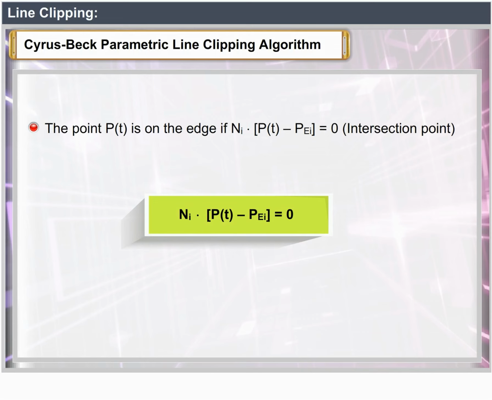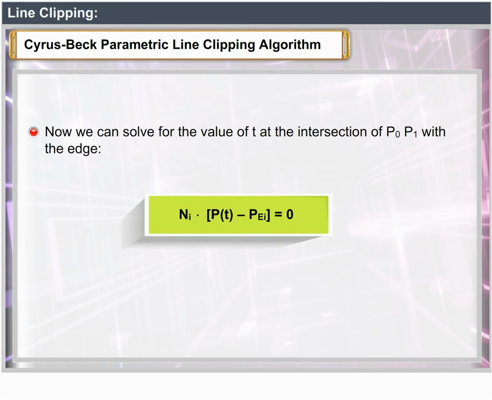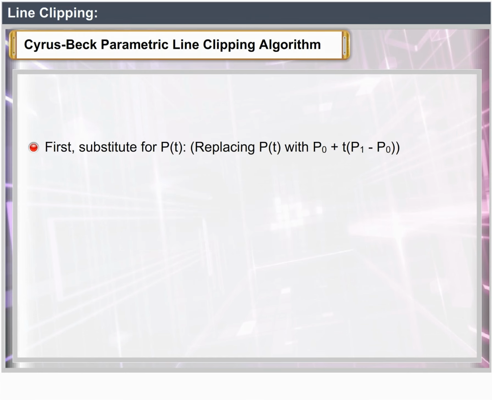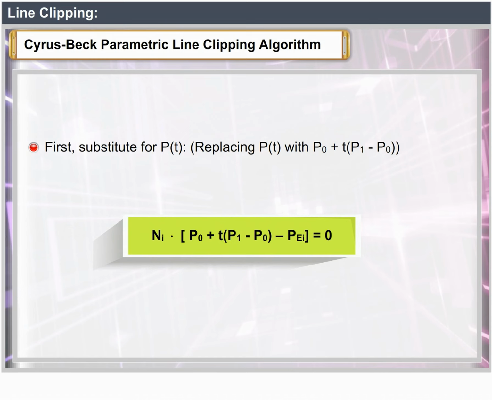Now we can solve for the value of t at the intersection of P0 P1 with the edge: Ni · (P(t) − PEi) equals 0. First substitute for P(t), replacing it with P0 plus t times (P1 minus P0): Ni · [P0 + t(P1 − P0) − PEi] equals 0.